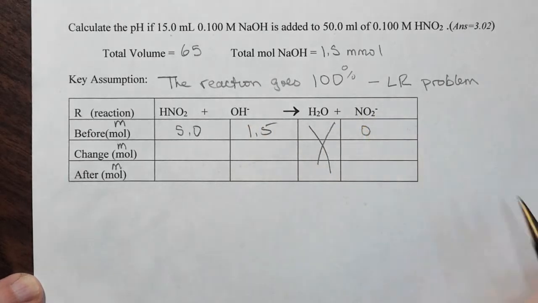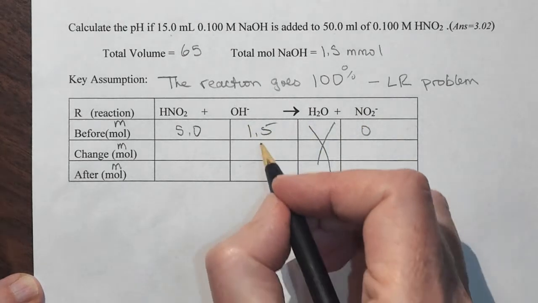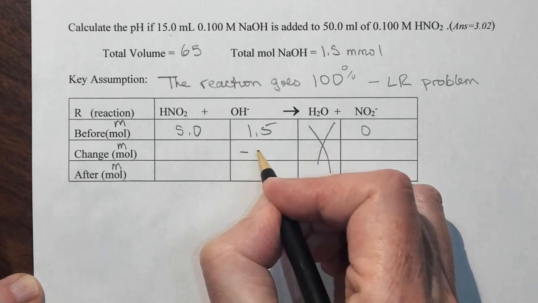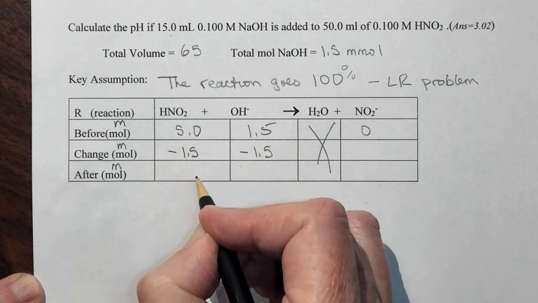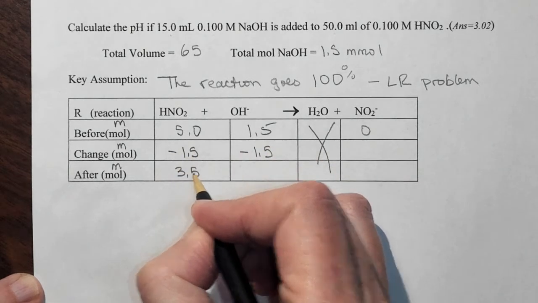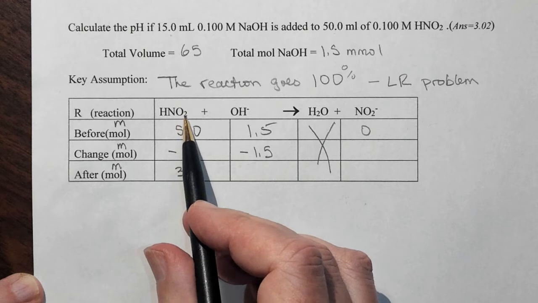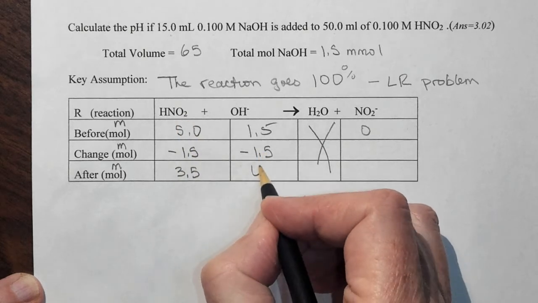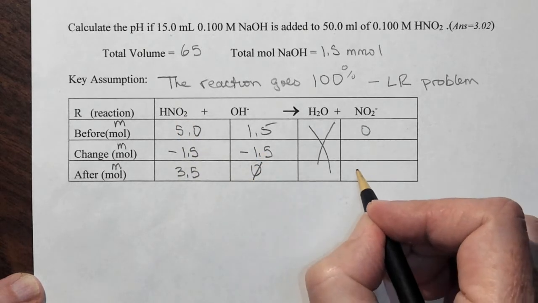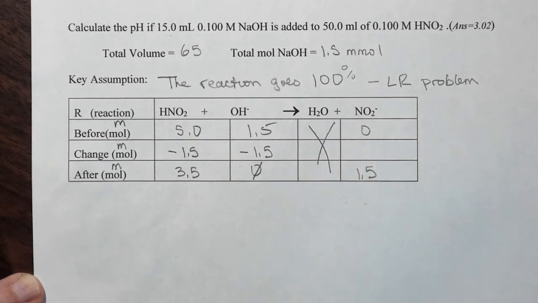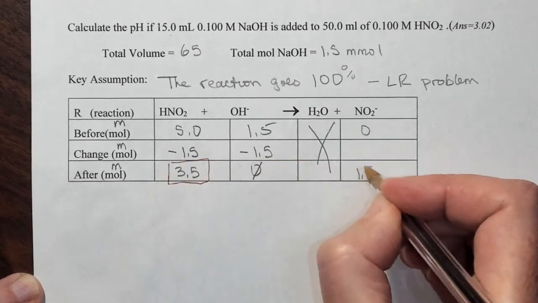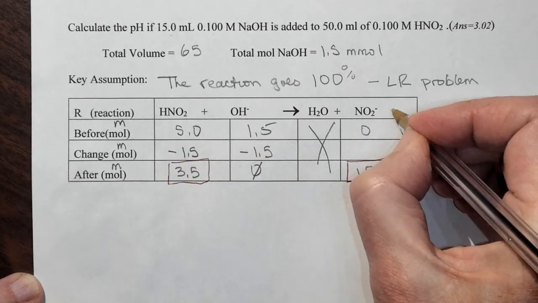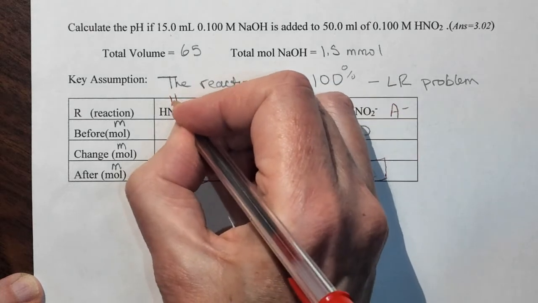And initially we have none of the nitrite ion. The hydroxide is our limiting reagent, so we'll lose 1.5 minus 1.5. So we have 3.5 left afterwards of the nitrous acid, none of the sodium hydroxide left, and we have 1.5 millimoles of the nitrite. So notice here that now we have A minus and HA.